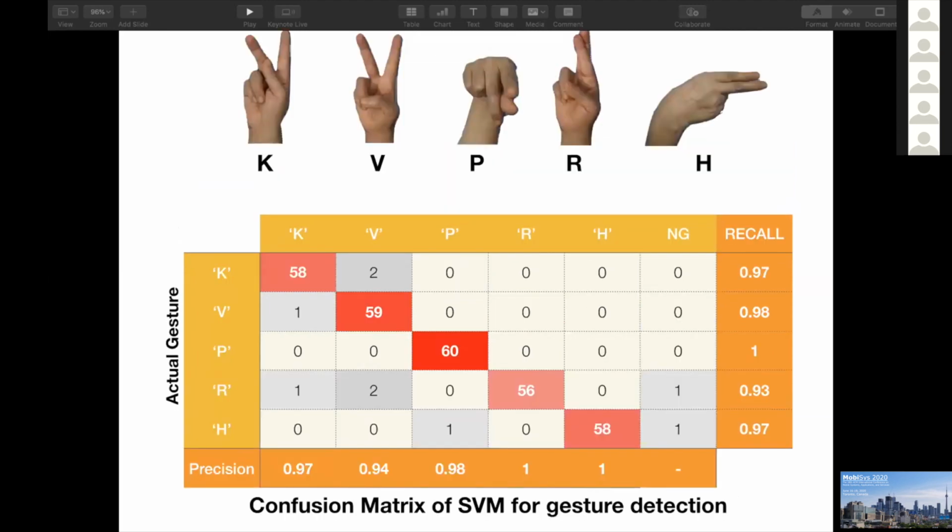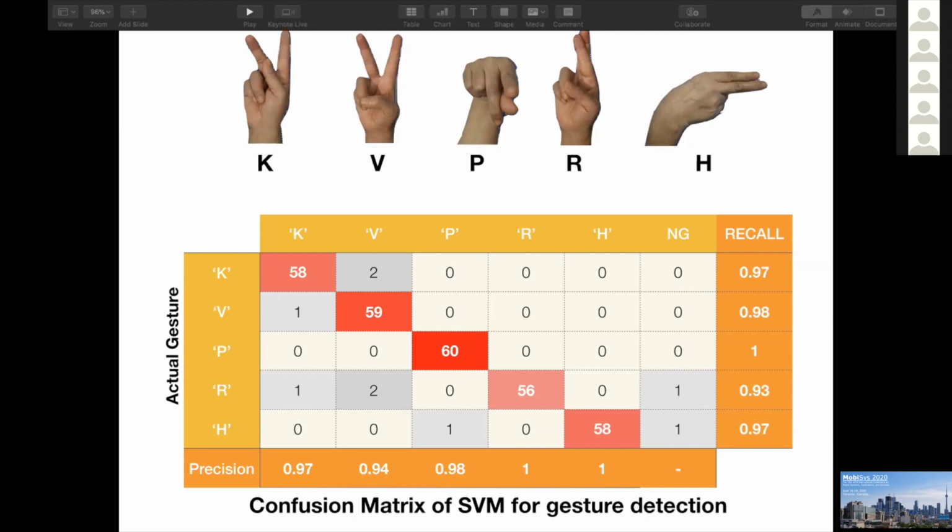Now what we get to know is that our system was not able to detect the gaps between the fingers. In the gesture R, the 2 fingers, the index finger and the middle finger, are close to each other, and at times they are overlapping to some degree.